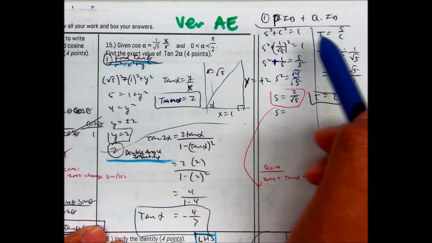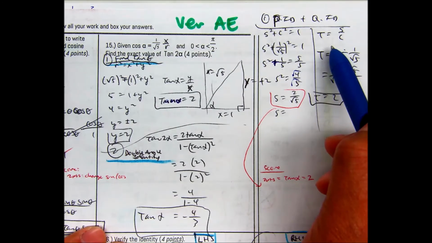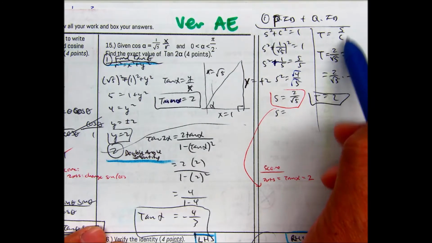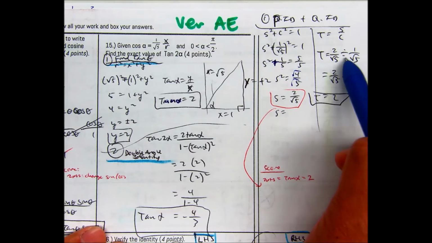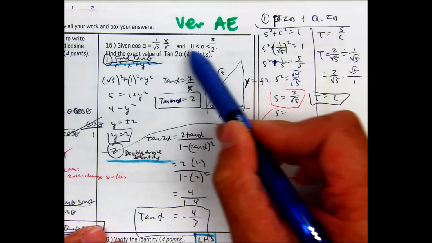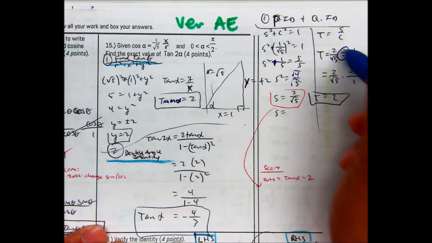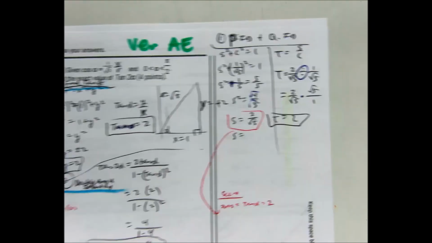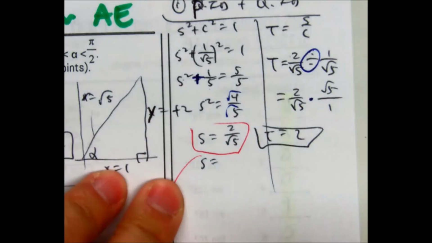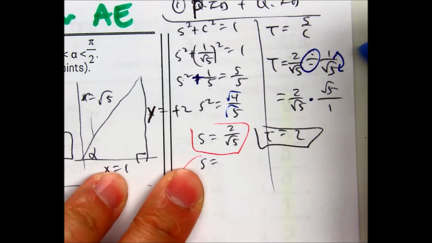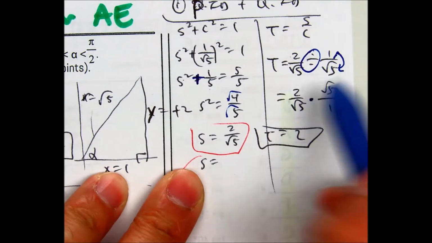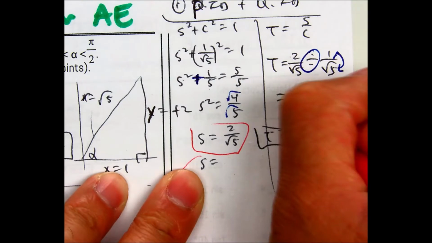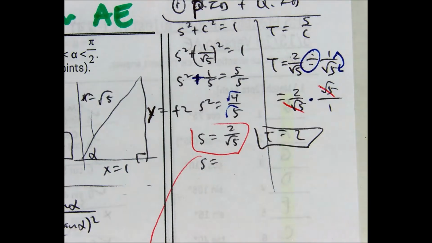And another way of finding tangent is using the quotient identity. Sine over cosine. Sine is 2 over radical 5 divided by 1 over radical 5, which is your cosine. Change that to multiplication. Take the reciprocal of the second expression, and then you can cancel your radical 5s, and you'll find that tangent is equal to 2.